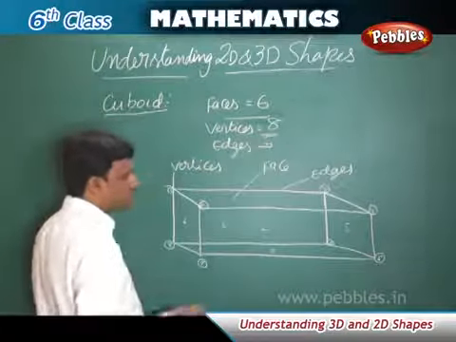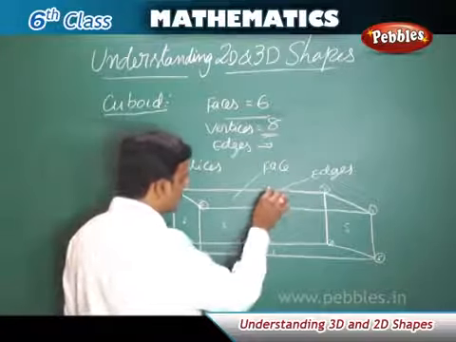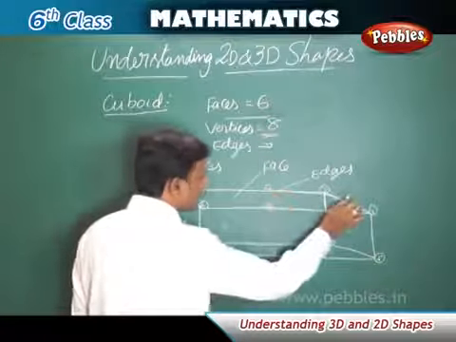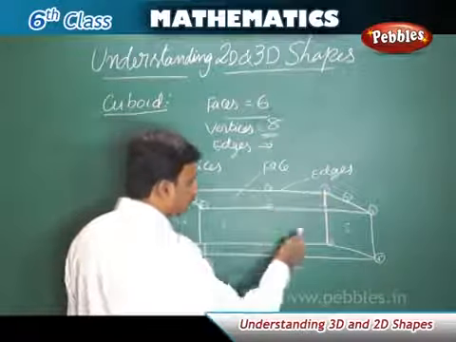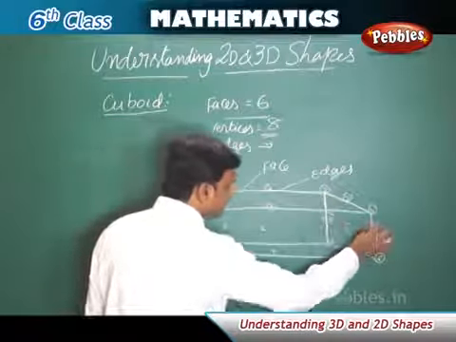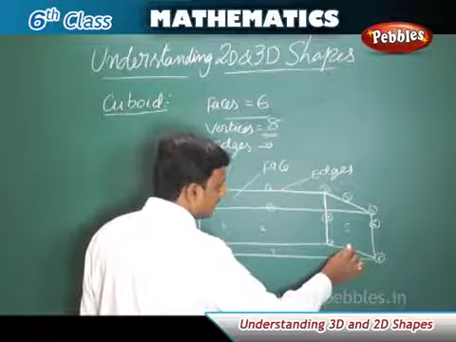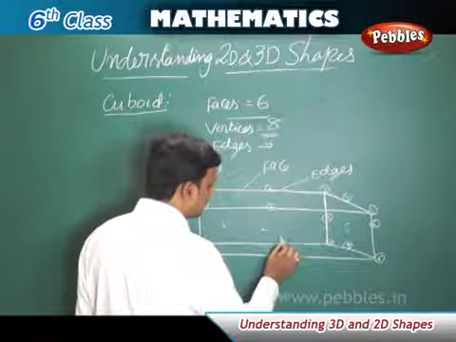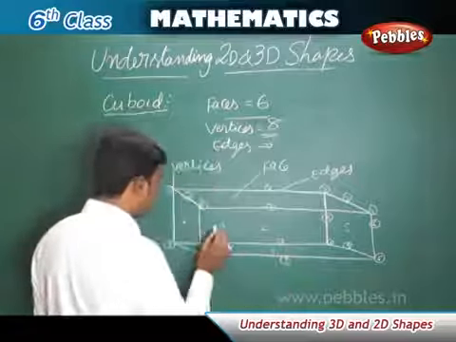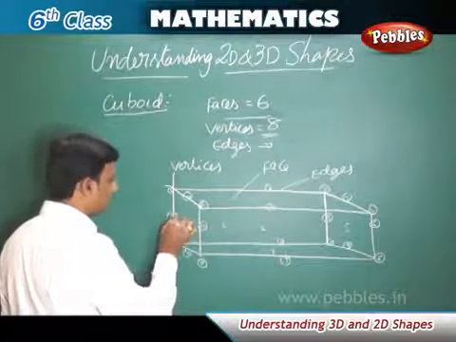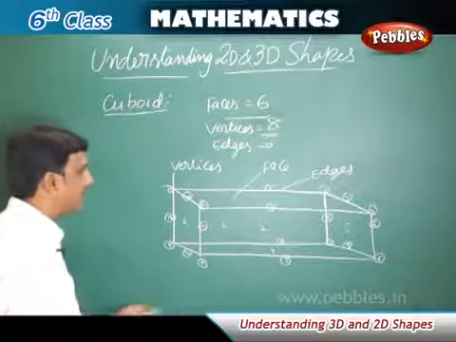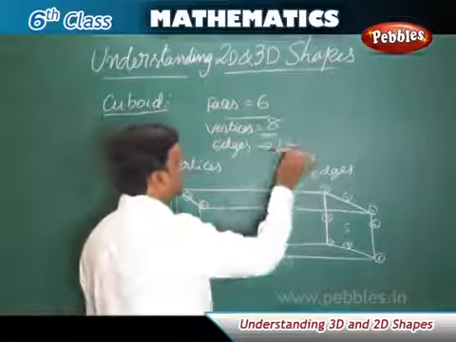How many edges does it have? 1, 2, 3, 4. So the top 4, and 5, 6 and 7, 8, and 9, 10, 11, 12. So a cuboid has 12 edges.